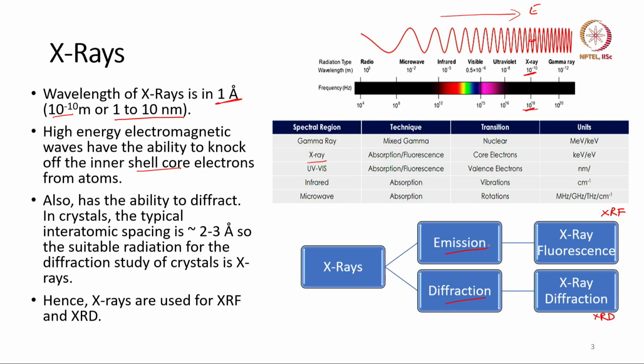Also, since the wavelength of the radiation is of the order of Angstroms, and atomic spacing is usually in the Angstrom range, the radiation matches the atomic spacing, so we also have the bending of light, which is called diffraction, and we can utilize it for XRD spectroscopy. We will be learning about XRF and XRD in later slides.